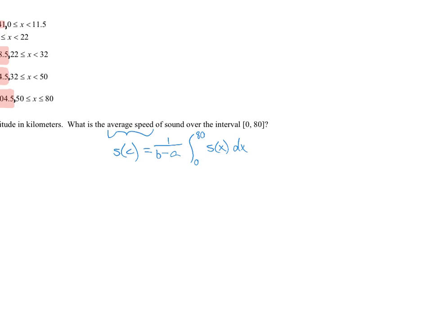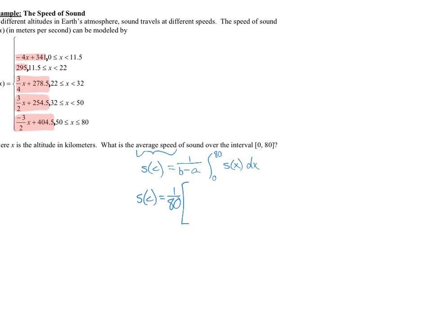So let's go ahead and start working this out. S of c is going to be 1 over 80 times, and now we have our different integrals. The integral from 0 to 11.5 of negative 4x plus 341 dx.